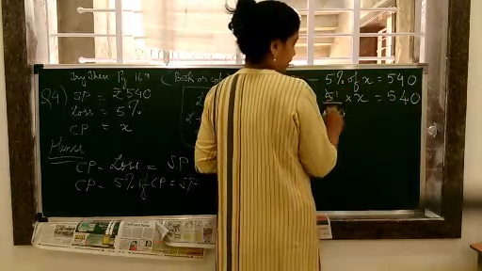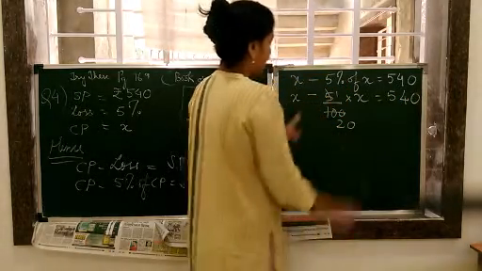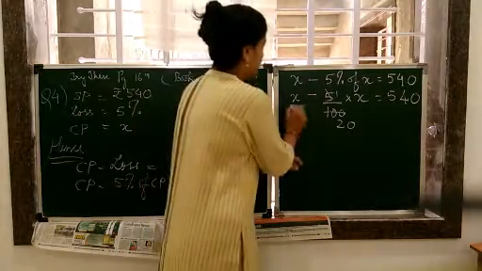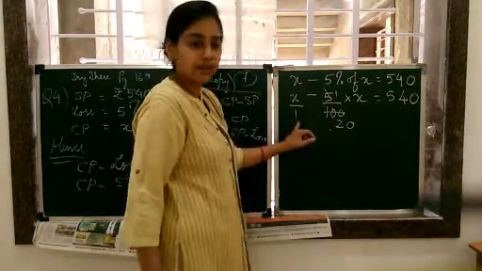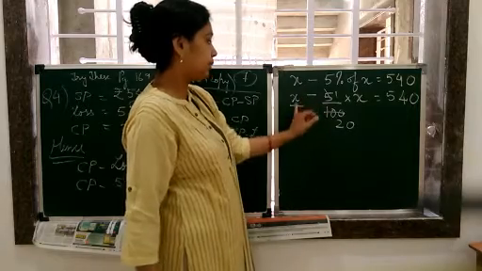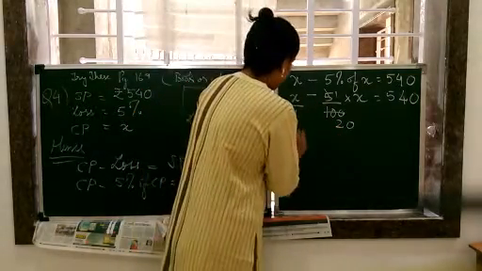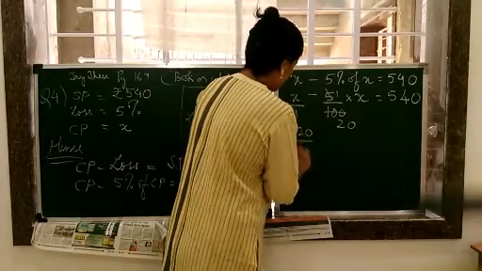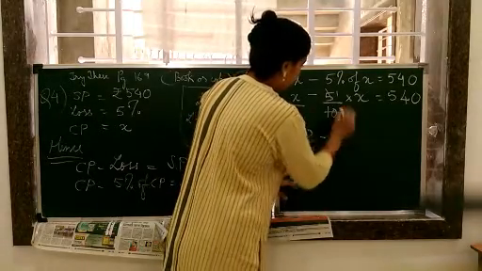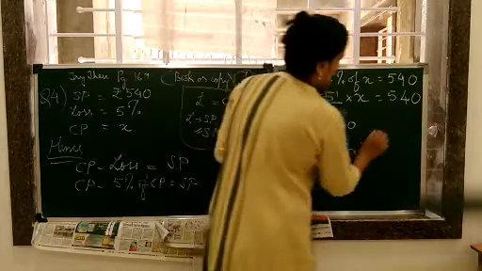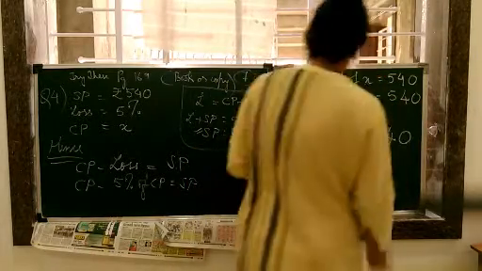5 ones are 5, 5 twenties are 100, so it is 1 by 20. This 20 we multiply here and here. Why? To make the denominator the same. Here the denominator is 1, so if we multiply by 20 here, this also becomes 20. This is already 20. X into 20, 1 into 20 minus 1 into X gives us X by 20 is equal to 540.